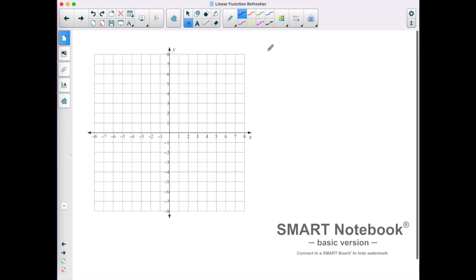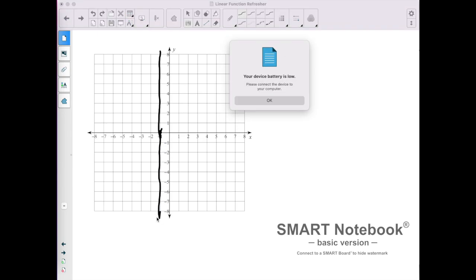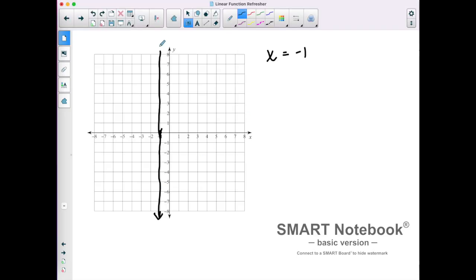And then one more, let's do x equals -1. You're going to find your x-axis and -1 on the x-axis. Then you can draw your vertical line through -1. Every point on that line is going to have an x value of -1.